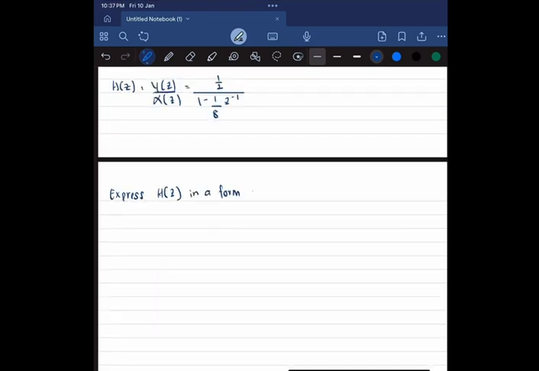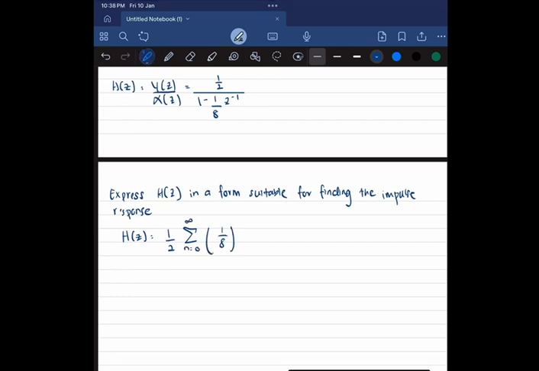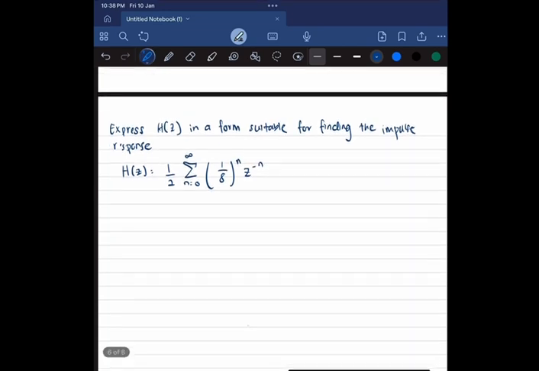Next we express Hz in a form suitable for finding the impulse response. So we got Hz equals 1 over 2, summation from n equals 0 to infinity of 1 over 8 to the power of n, z to the power of negative n. To that, we use the inverse z transform.